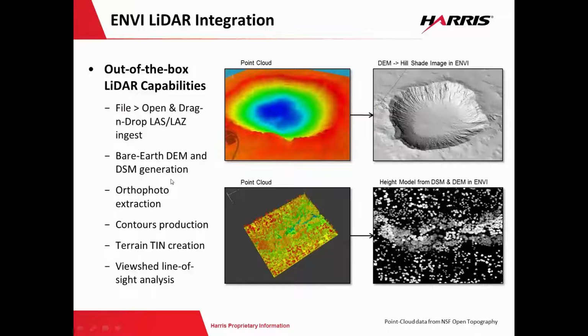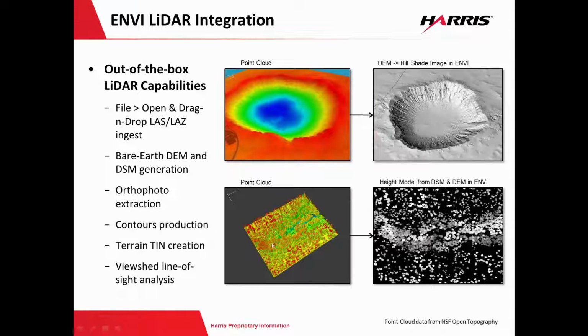First off, on this slide I'm showing some products that have been generated out of the box with ENVI. We've taken our point cloud, and we can create digital elevation models and surface models. Within ENVI, we can pull our extracted elevation model and create hill shades, slope, and aspect. There are a lot of different products that can now be generated right out of the box.